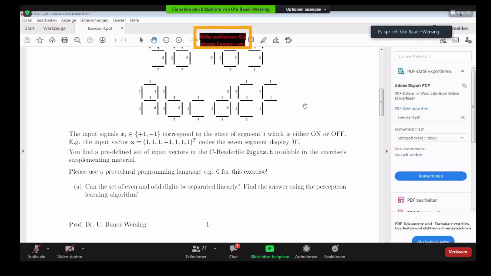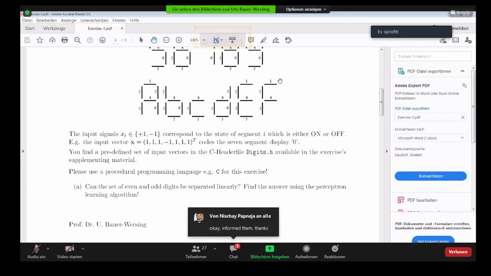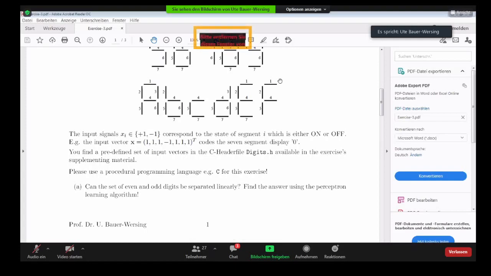As long as they have the link, they should be able to enter. If you're in contact with your colleagues, please tell them they should use the link from the message yesterday. Okay, thanks. Great.